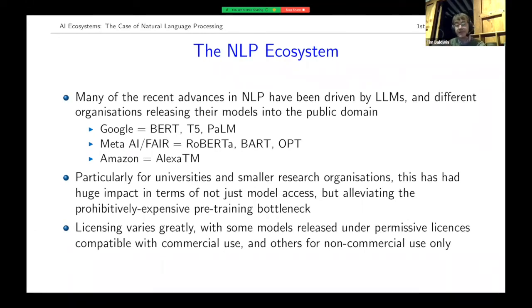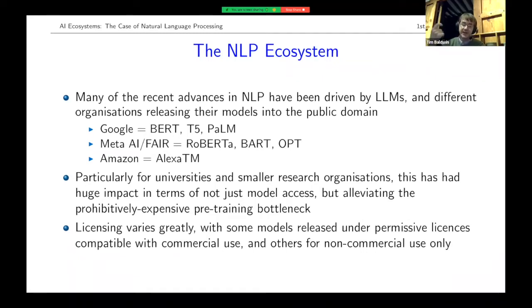And so there's a very strong culture nowadays, particularly of the big tech companies and, to a lesser degree, large research organizations like Allen AI, to release these large language models. So BERT came from Google, for example, BART came from what was FAIR, what's now MBZUAI, Amazon's in the game, and Huawei too, so it's not specifically US, of course, releasing these different language models.